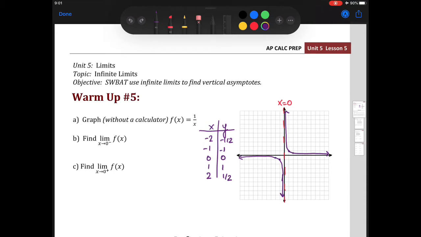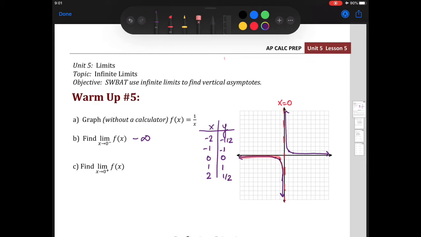So it says find the limit as x approaches 0 from the left. So as x is approaching 0, I'm going to use the highlighter, the thinner one. Okay, so as x is approaching 0 from the left, where are my y values going? It's going down to -infinity.